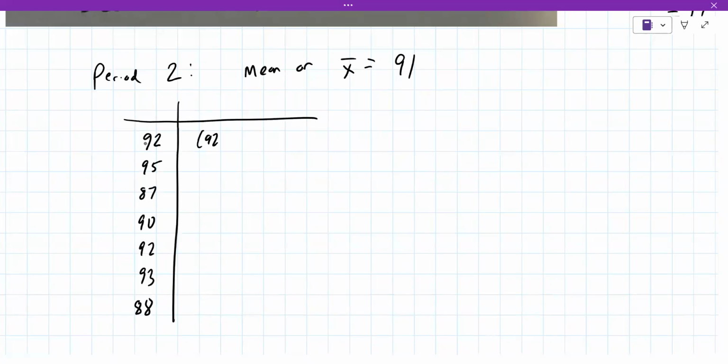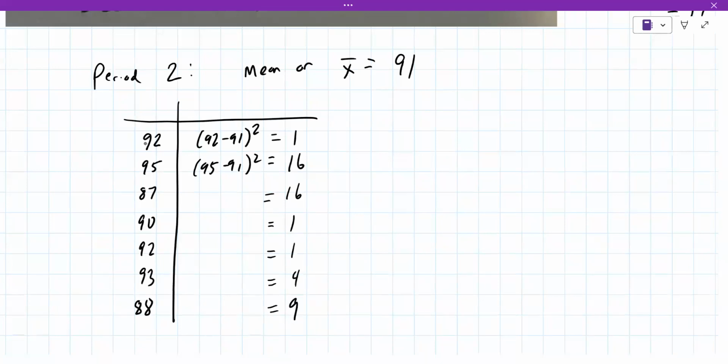So it's like 92 minus 91 squared, which ends up being 1. Then you get 1, 9. Oh wait, that's a 4. Yeah. And 87 minus 91 is 16. They're always positive, which is nice.